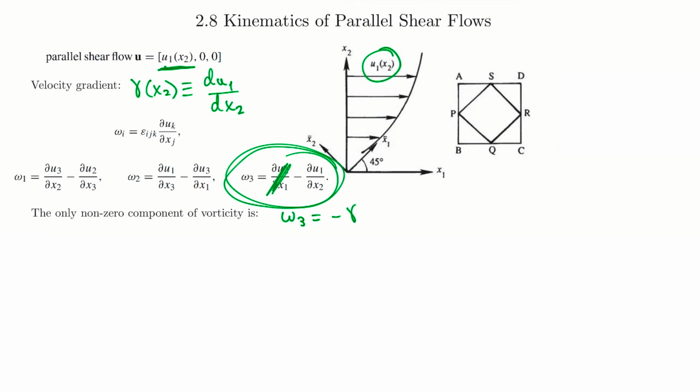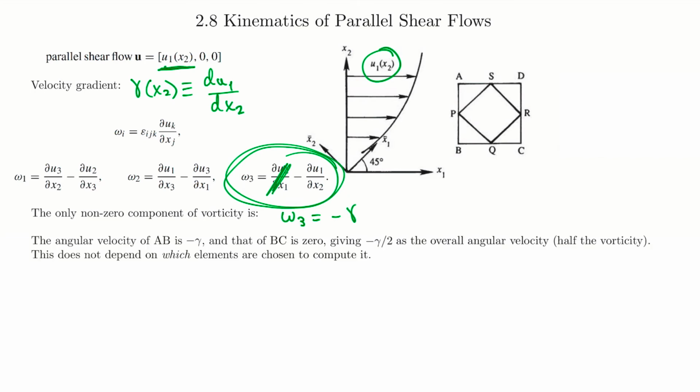Now we look at our figure, at this element A, B, C, D. We can relate our math to our physical scenario, and we know that this line element AB has an angular velocity of negative gamma, and BC has an angular velocity of 0, because it's in the flow direction right there. So the overall angular velocity is negative gamma over 2, because it's half the vorticity. And this doesn't depend on which elements are chosen to compute it. So that's how we get the angular velocity.